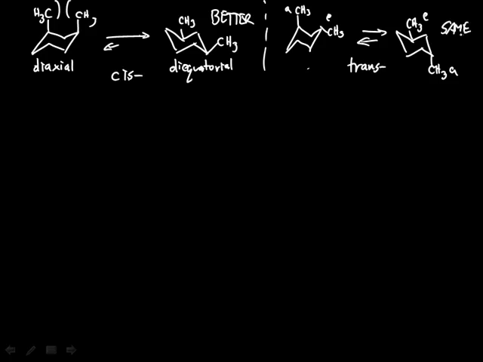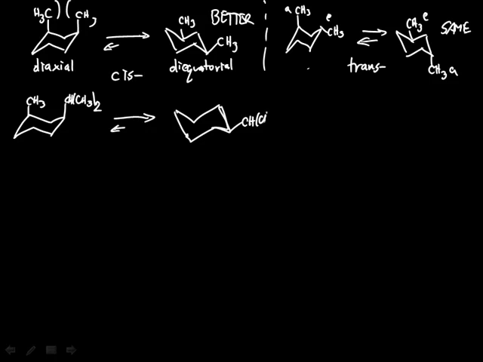Okay? But now if substituents are different, again, if we have two substituents and they're different and they can both be equatorial, then they will do exactly that. So if we have isopropyl and methyl, both axial, the ring flip will get them to the diequatorial situation.